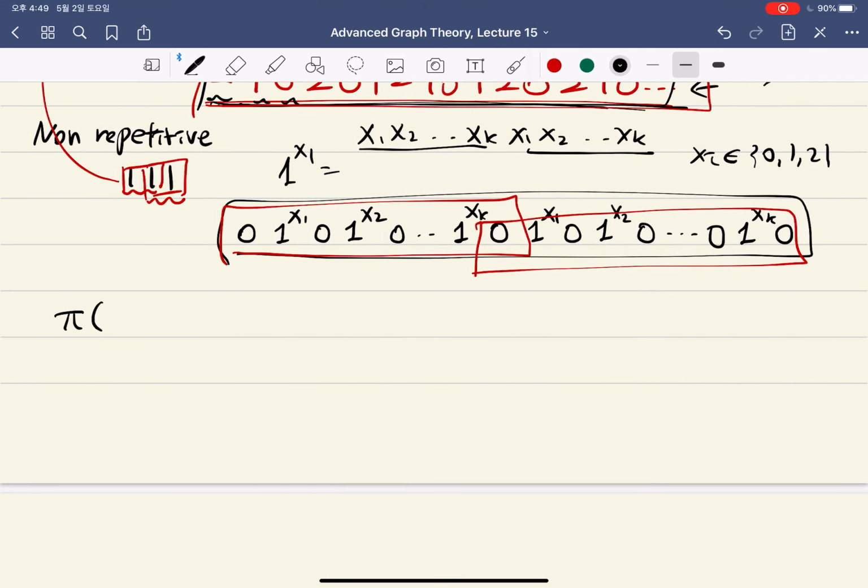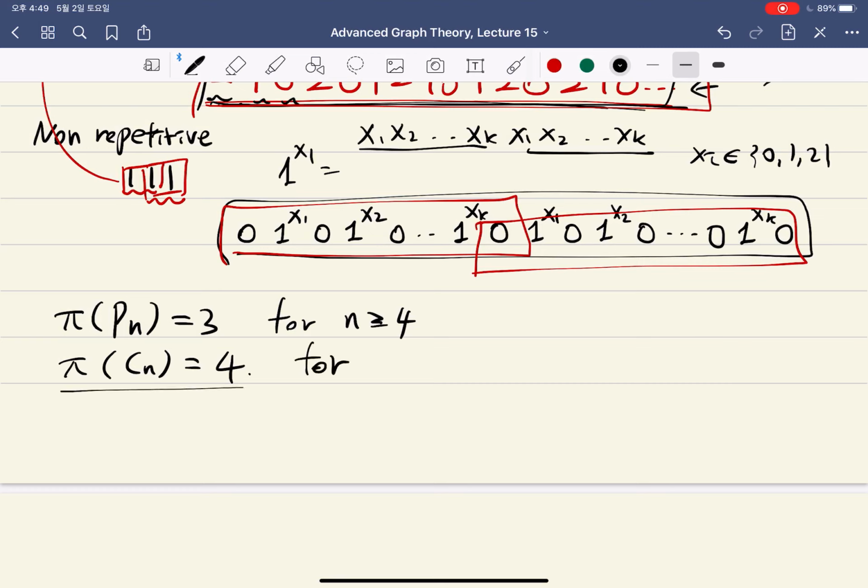From this we know that any path has dual number 3. And also by using that, it's not difficult to prove that for a given cycle, say of length at least 5.